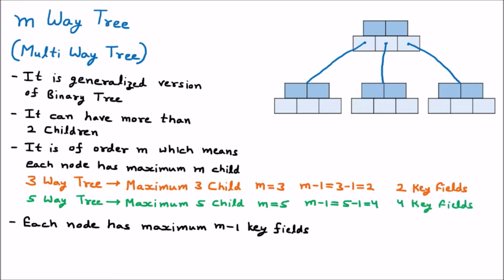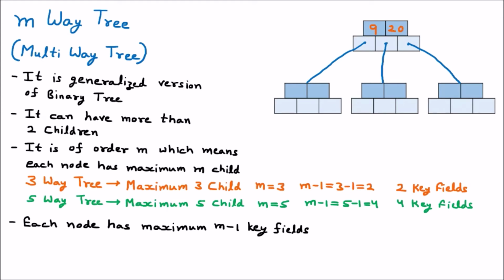Now, first of all, we are understanding what these key fields are and what these children are with the help of a real life example and a diagram. Here we have a diagram with so many blocks. Let us suppose that I assign some values here: the value is 9 and this is 20.